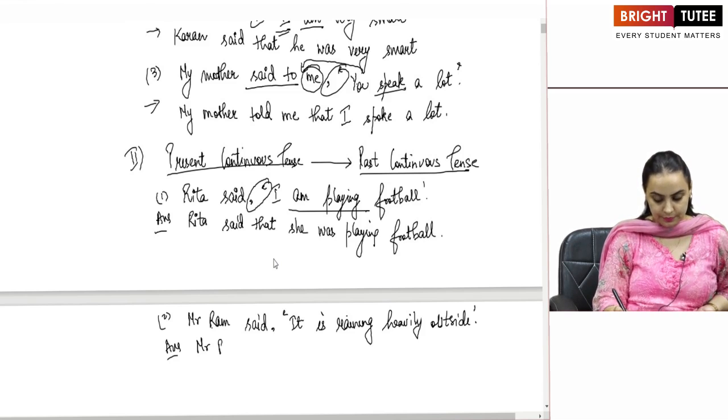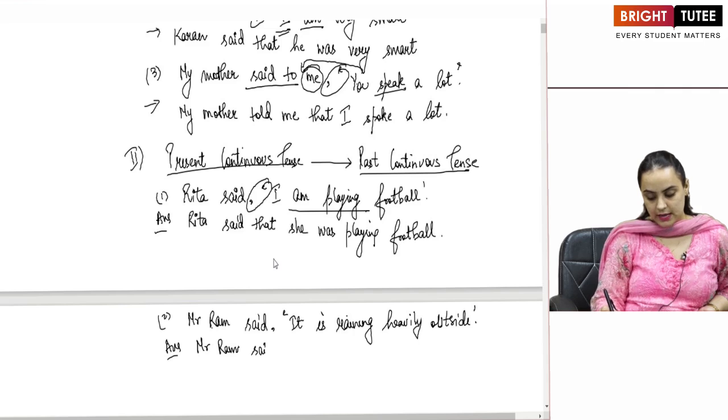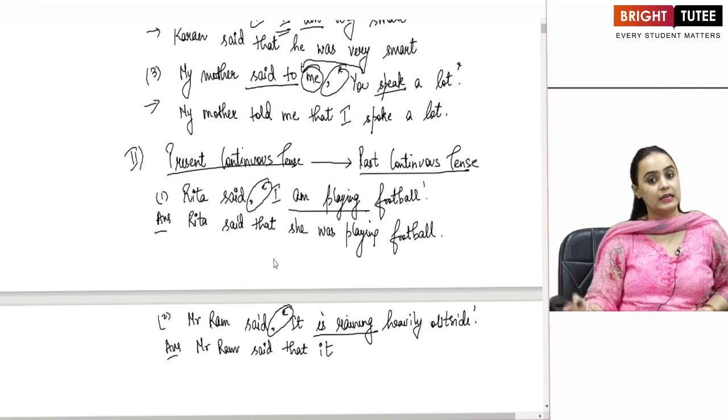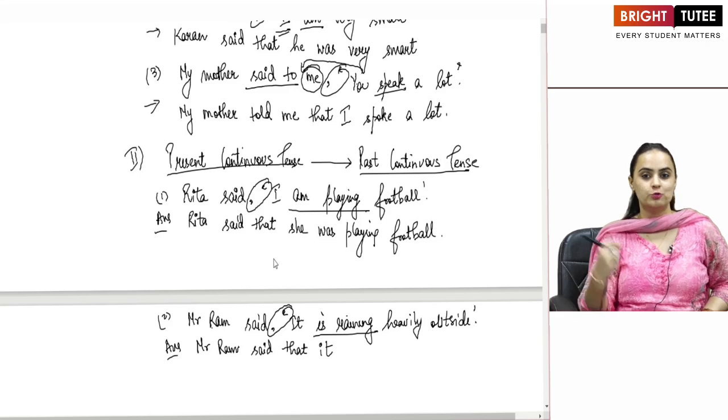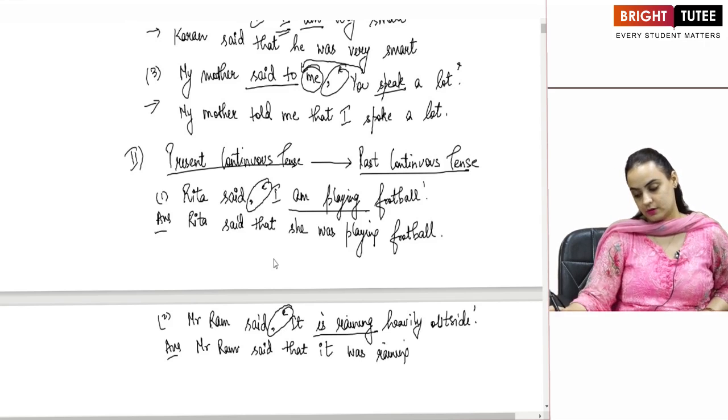Mr. Ram. Said remains as it is. Comma, that, it. Is raining is present continuous. It changes to past continuous. So, was raining heavily outside.